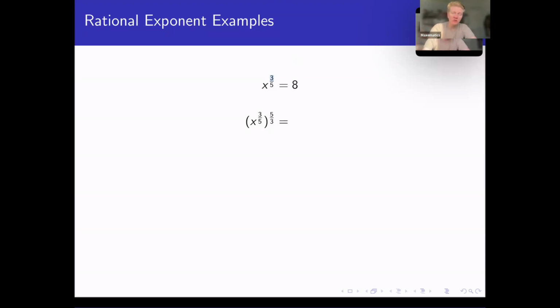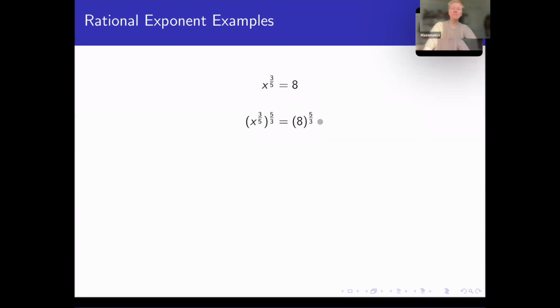But if the original numerator is odd, nothing happens. Well, this original numerator is 3, and 3 is odd. So we do not pick up a plus and minus, but we still raise both sides to the 5 over 3.